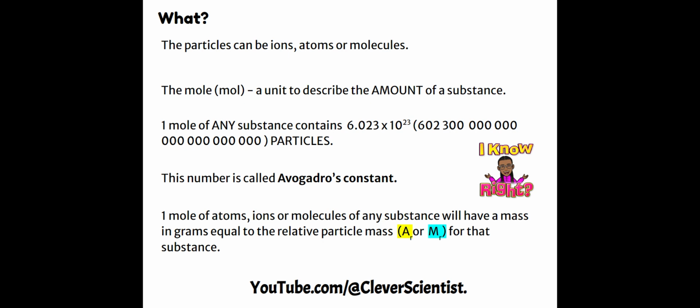This number has a special name. It's called Avogadro's constant. 1 mole of atoms or molecules of any substance will have a mass in grams equal to the relative particle mass. So that could be the Ar or the Mr for that substance.